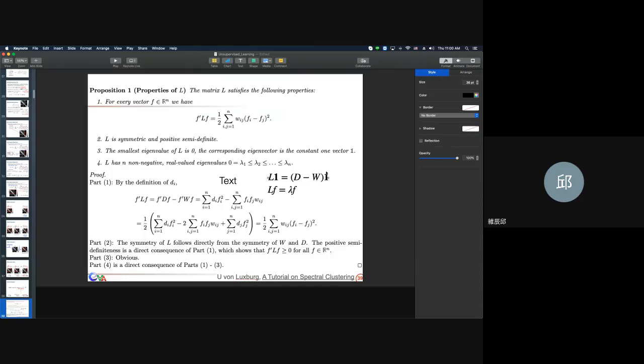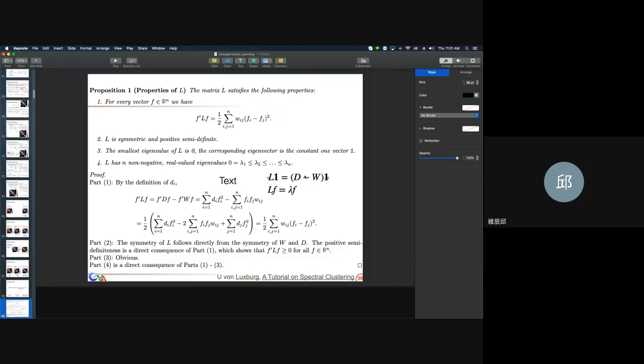its multiplication with the constant 1 vector will result in a vector with all its elements being the degrees of the data points. And if you have the similarity matrix multiplied with the constant 1 vector, you will also end up with a vector whose elements are the degrees.